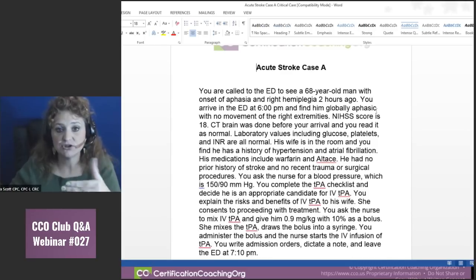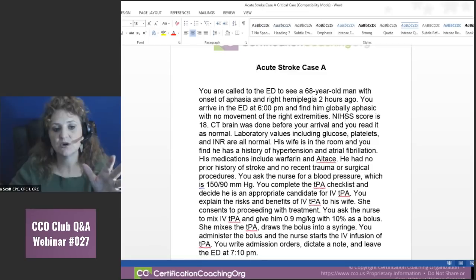So that right there should be a red flag that this is probably a critically ill patient, globally aphasic, no movement of the right extremities. Okay. Now, the NIHSS score is an 18. Don't worry about that. Okay. A CT brain scan was done. Okay.